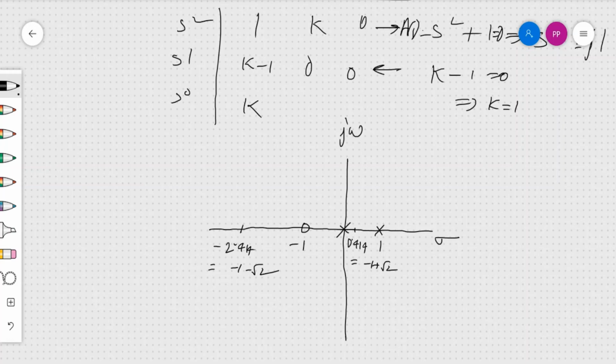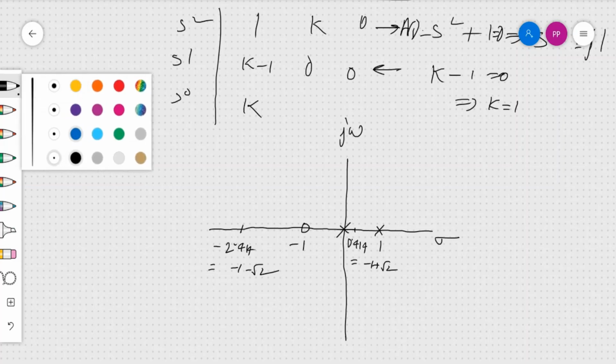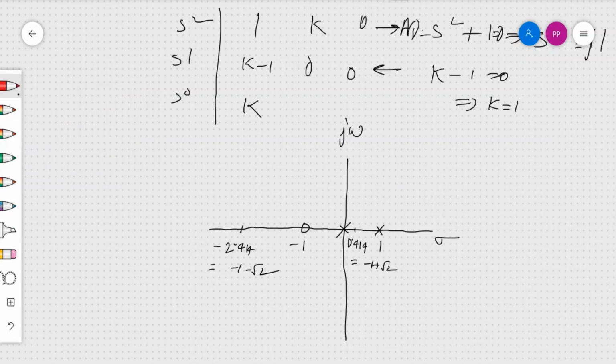So we can see that the portion of the root locus which lies on the real axis is this, and is this. So here it is terminating at zero with k tends to infinity, and here it is emerging from pole.